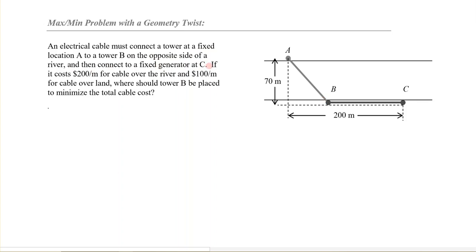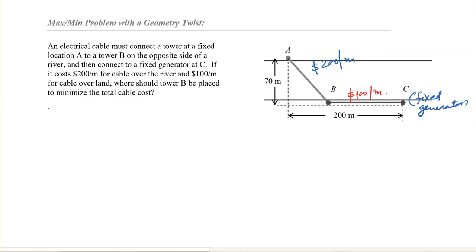Then connect to a fixed generator at C. So this is our fixed generator. And the cost is different for the cables. It costs $200 per meter for the cable over the river, and this is the land, B to C, it costs $100 per meter for the cable over the land.